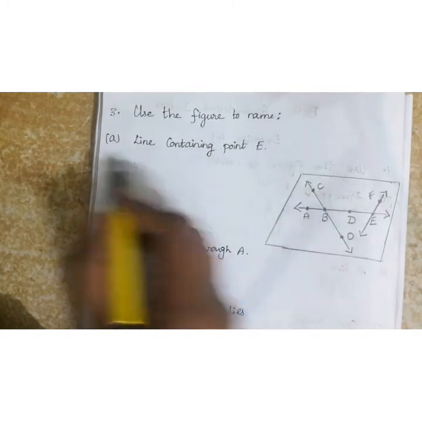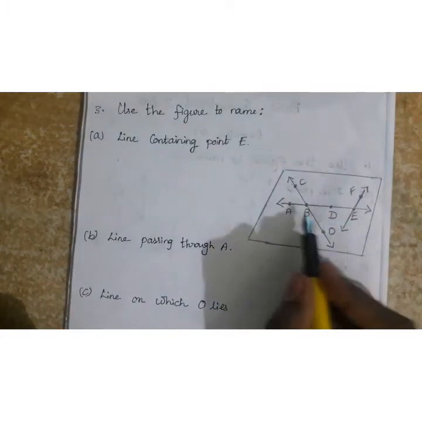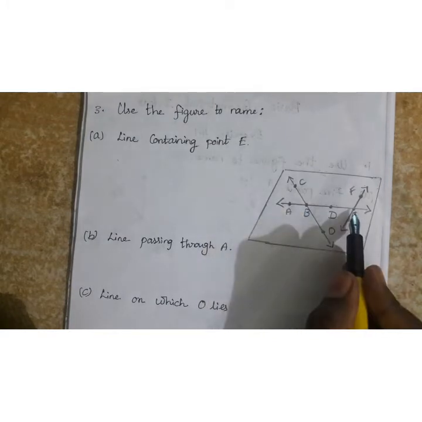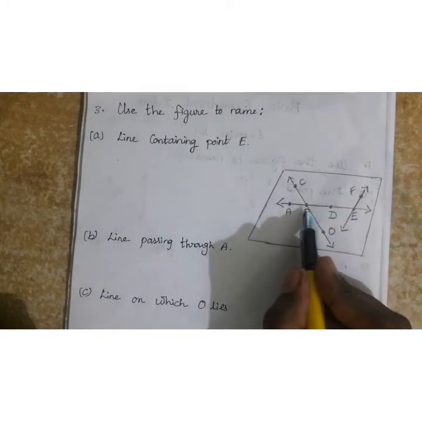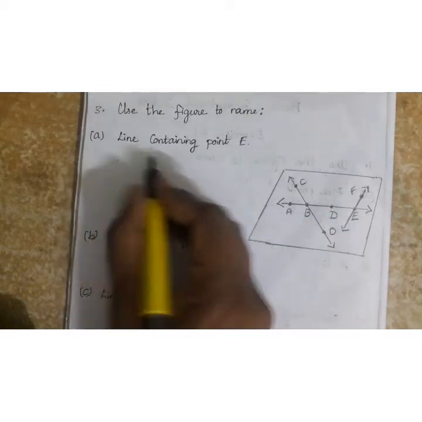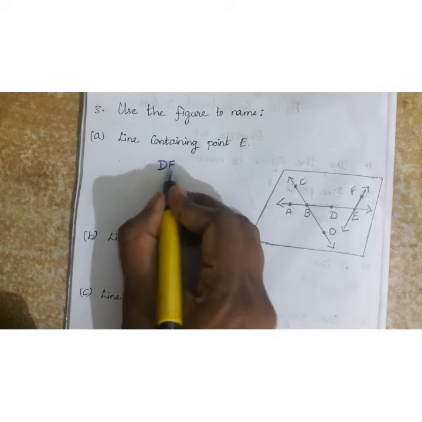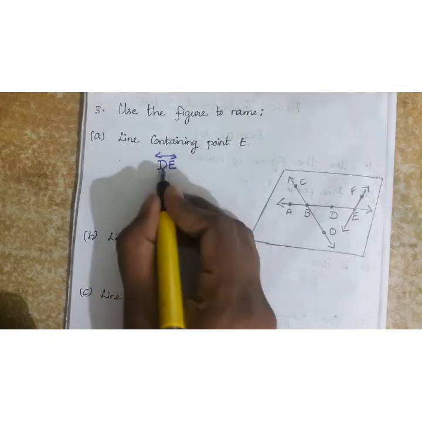Question number 3. Use the figure to name. A part: a line containing point E. The line containing point E is DE.